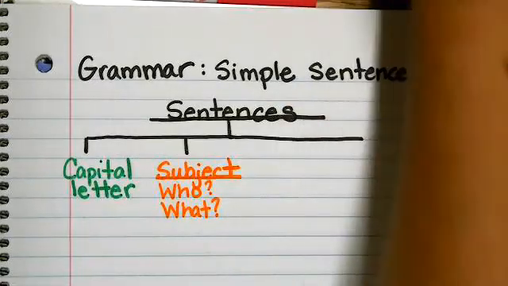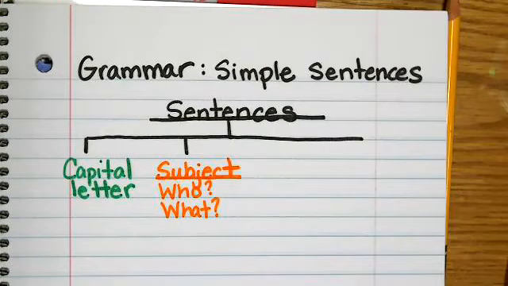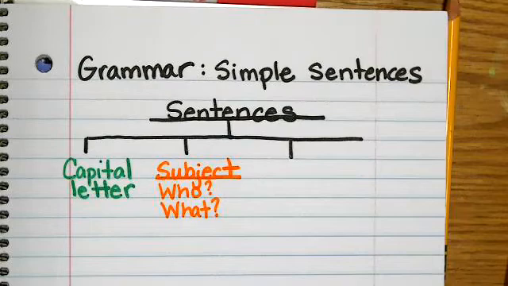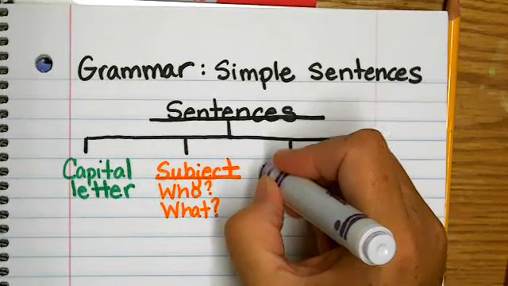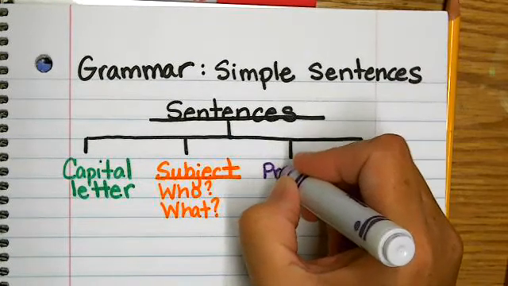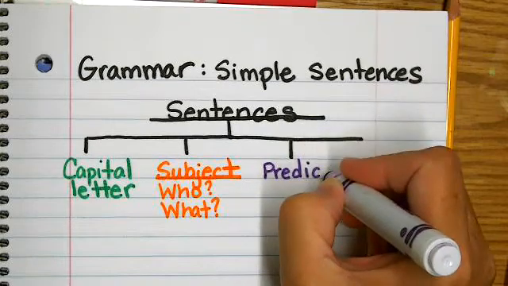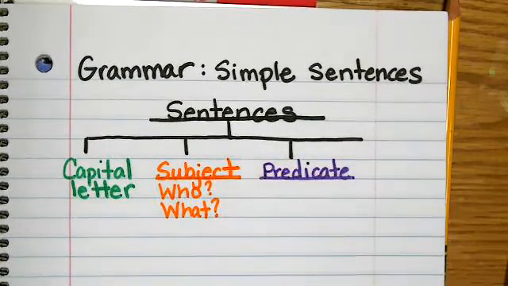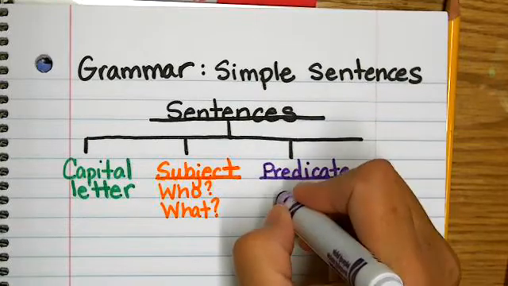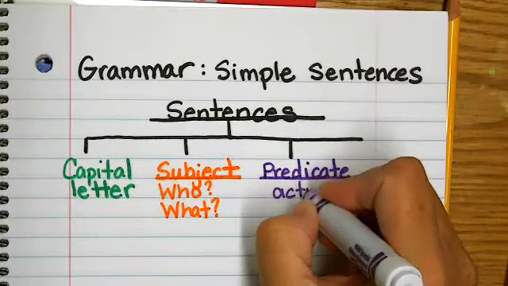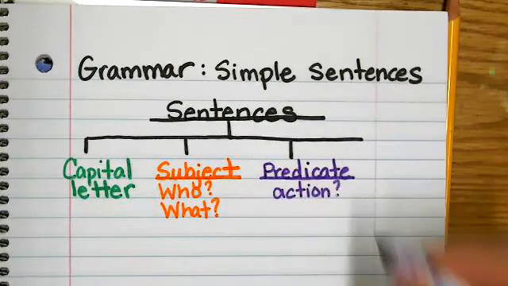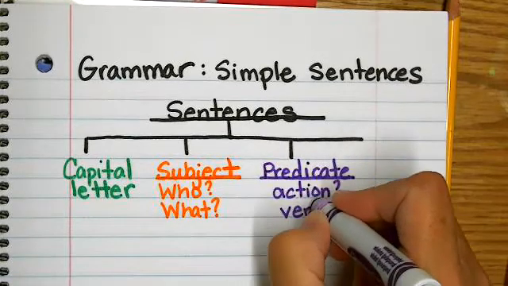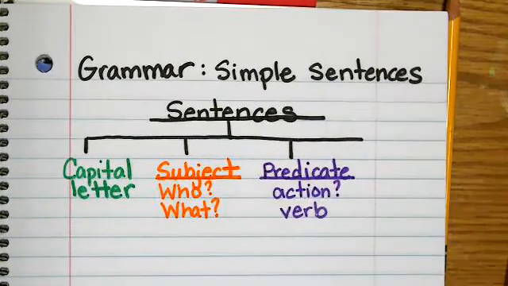The next part of the sentence that we need, in third grade, we call it the predicate. Predicate. And the predicate is the action, as in what happens in the sentence. You're usually going to find your verb in this part of the sentence, right?